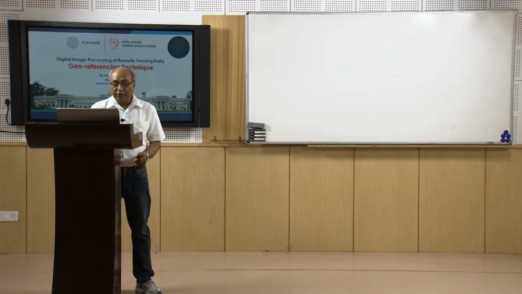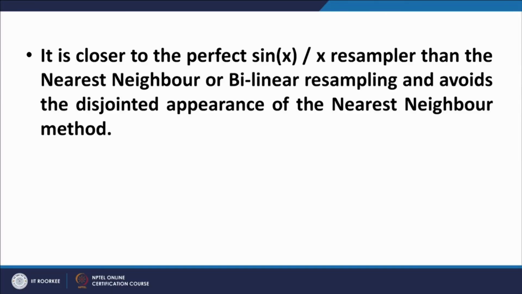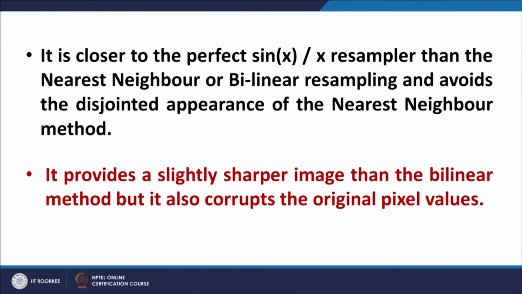So now 16 are involved, therefore it is not as efficient as nearest neighbor or bilinear, and it is closer to the perfect sin x over x resampler than the nearest neighbor or bilinear sampling, and avoids the disjointed appearance of the nearest neighbor method, because the half pixel problem which we may observe in case of nearest neighbor resampling will evaporate completely here, because a weighted average of 16 pixels is being counted here, and it provides a slightly sharper image than the bilinear method, but it also corrupts the original pixel value.